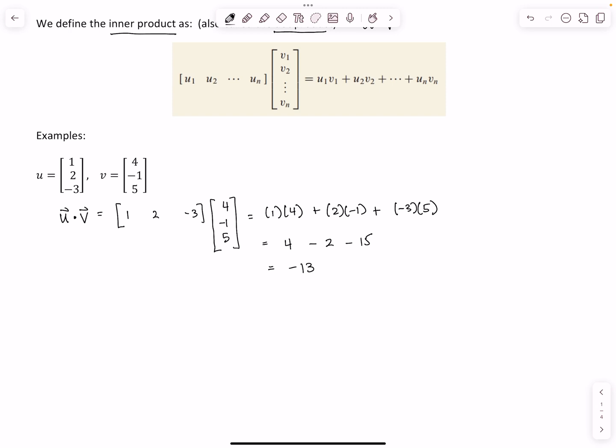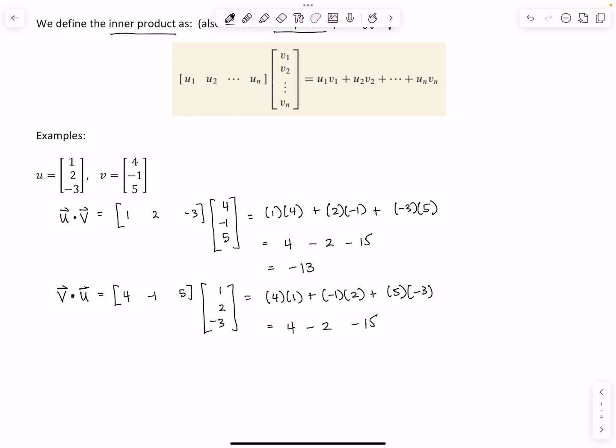Now if I do it the other way around, V dotted with U, I have 4, -1, 5 with 1, 2, -3, in which case I have 4 times 1 plus -1 times 2 plus 5 times -3, which gives me, once again, 4 minus 2 minus 15 equals -13.